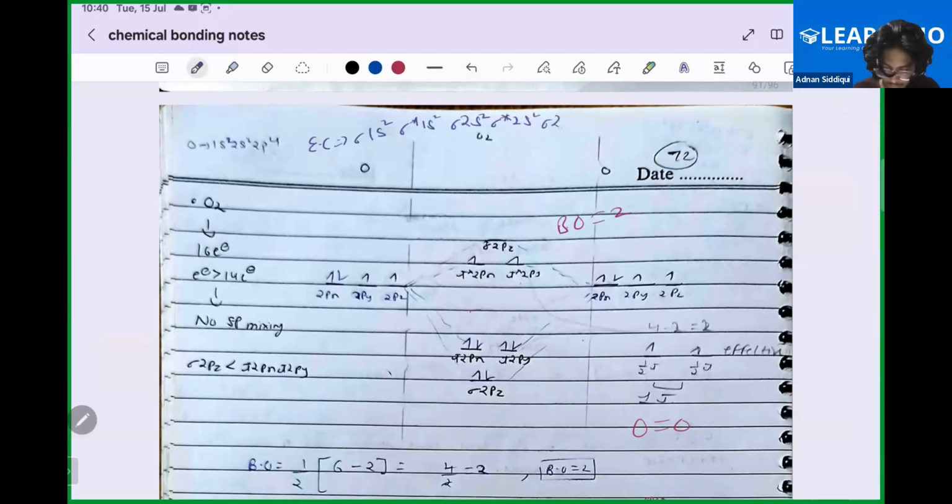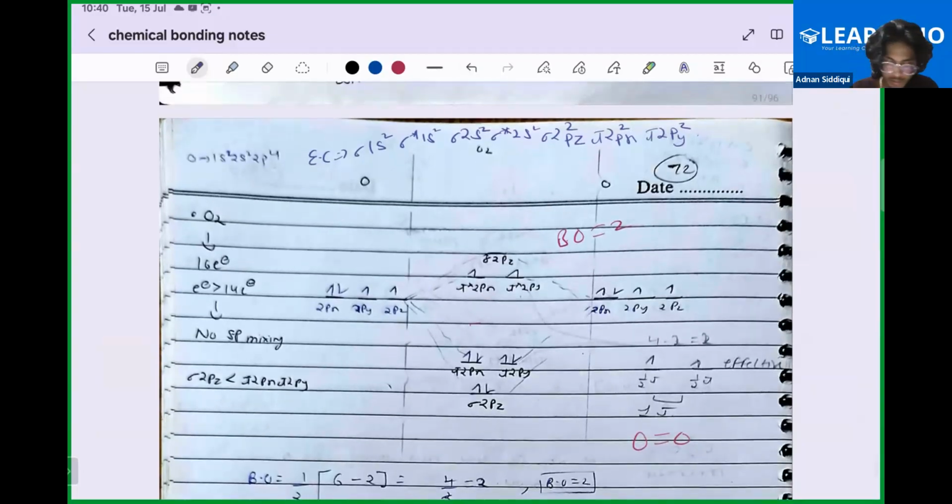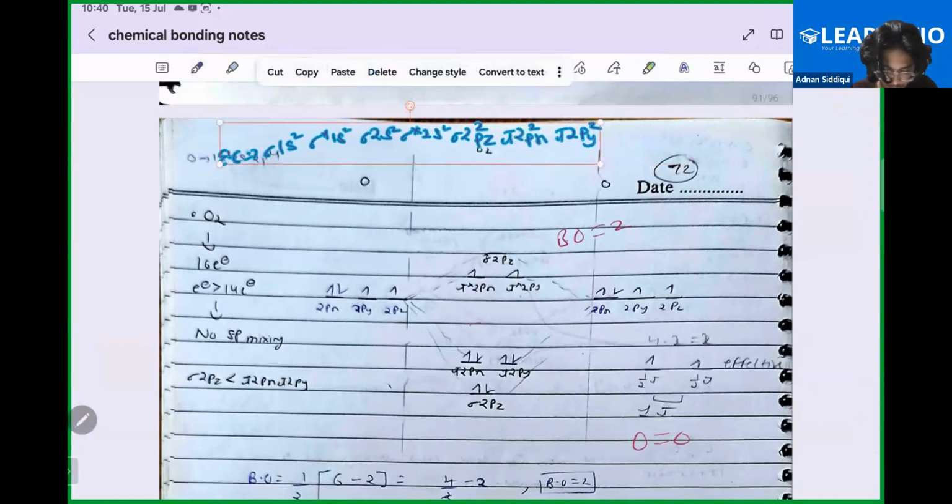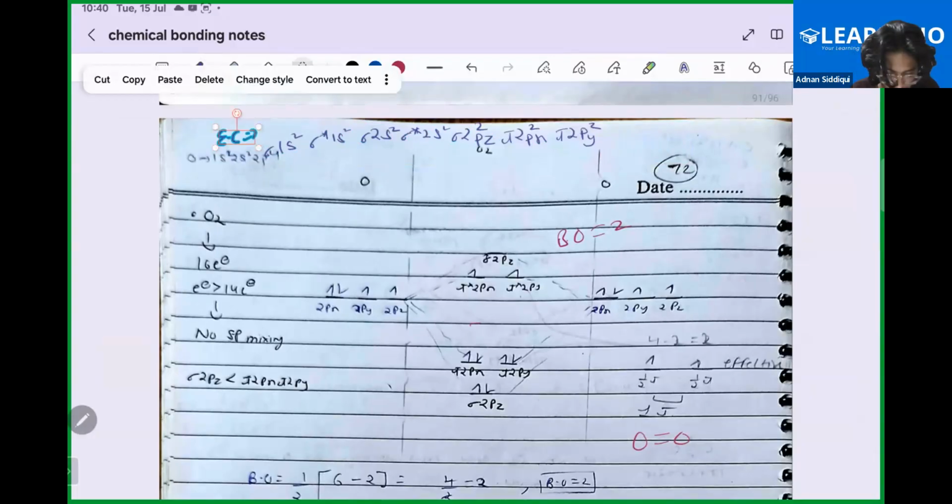Then pi 2px, then pi 2py. Okay, this is all about it. Then what about the anti-bonding ones? We have to show them as well.